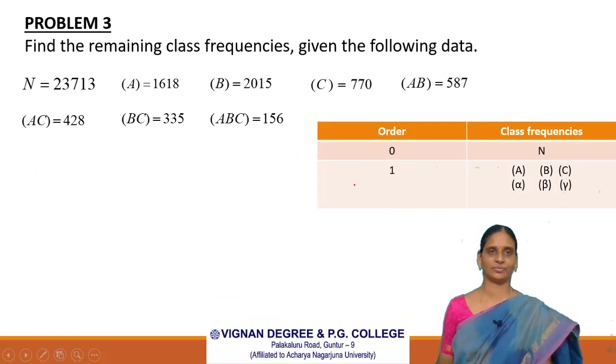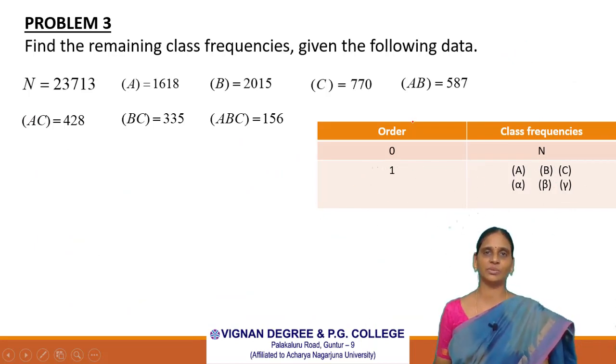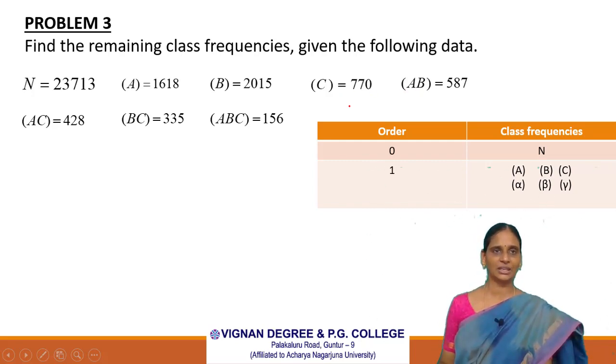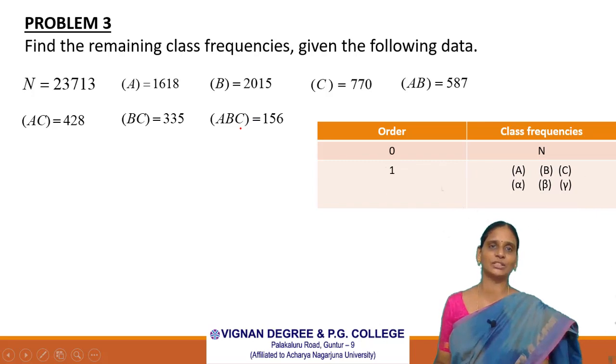Next problem 3. Find the remaining class frequencies given the following data. Here we are given capital N value, frequency of A value, frequency of B value, frequency of C value and frequency of AB, frequency of AC, frequency of BC values are given and also given that frequency of ABC value.